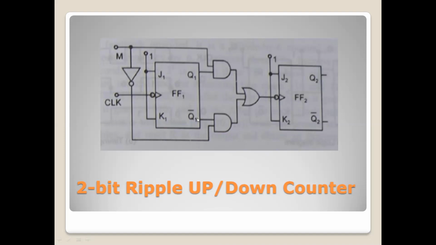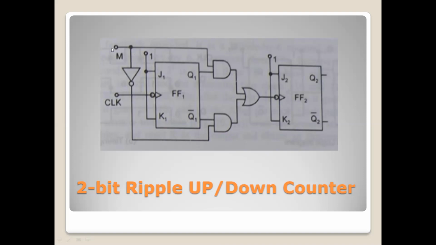Then Q1 will be triggering the second flip-flop. When Q1 bar is triggering the second flip-flop, it is down counting. That is, the second AND gate is active, the first AND gate is inactive. So in up counting, M equal to 1 means the first AND gate is active, so Q1 is giving the clock to the second flip-flop.